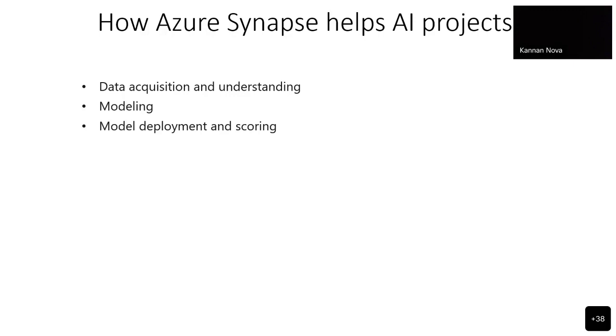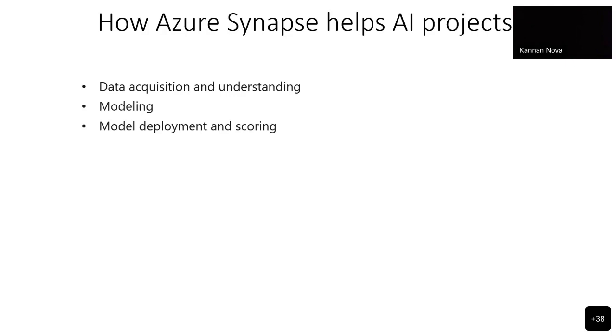And we have to understand what is inside the data. We've got to explore that. That is EDA, exploratory data analysis work. That also we can do through Spark, Databricks-like notebooks, but we can run multiple languages: Python, Scala, C Sharp. And then finally, we have to train the model.